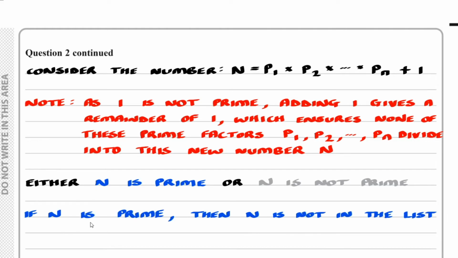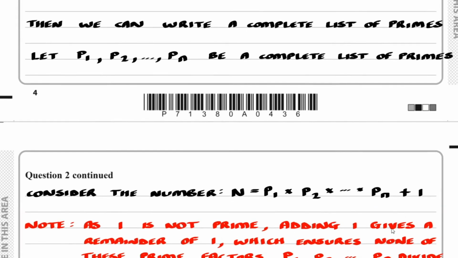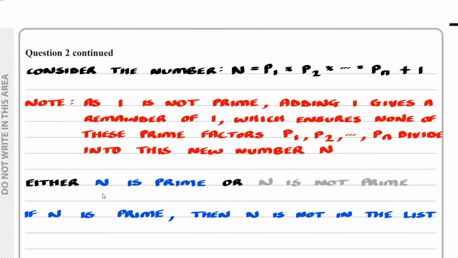So if n is prime, then n is not in this list of original prime numbers that we saw here, because we are saying this is a complete list of prime numbers. But if n is prime, then we have a number which is not in that list. And this would be a contradiction.